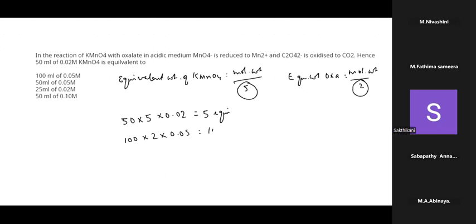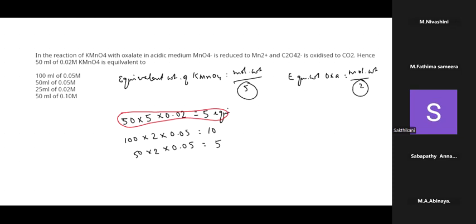So this is of KMnO4. This is the first answer. Second answer, 50 into 2 into 0.05 will come out to be 5.